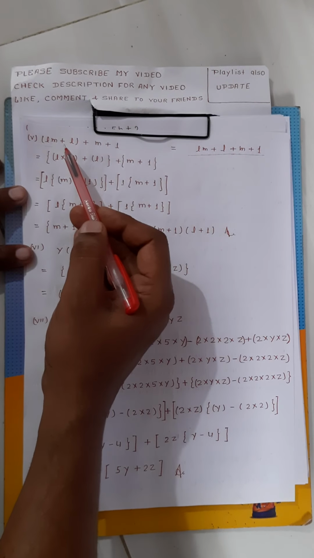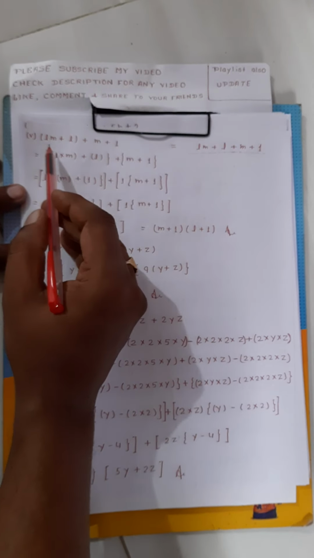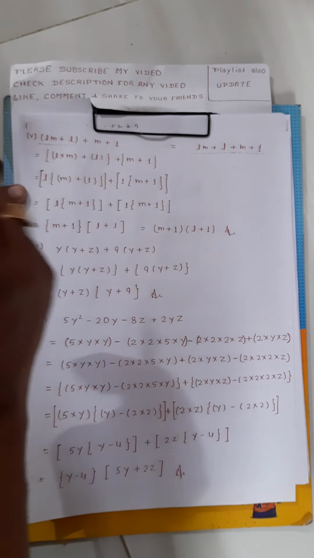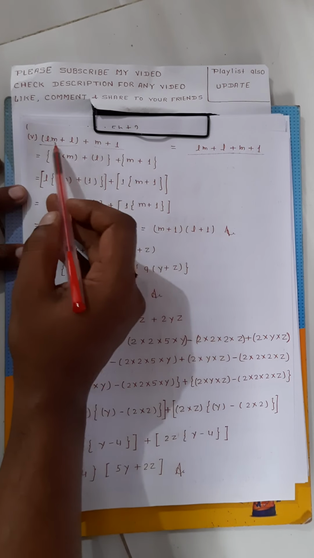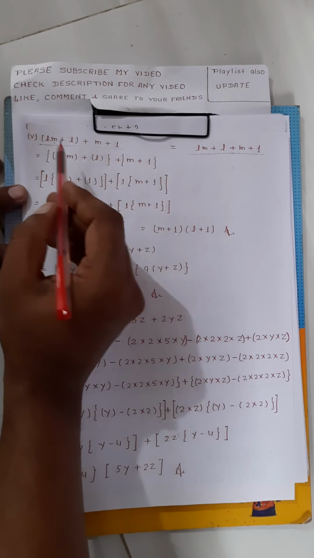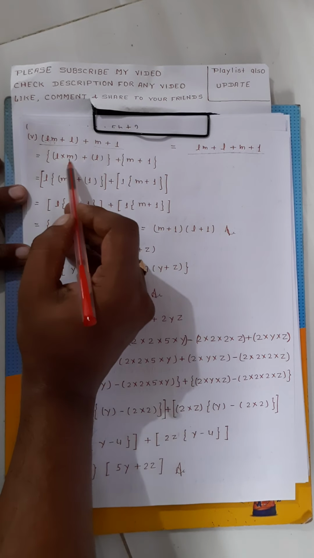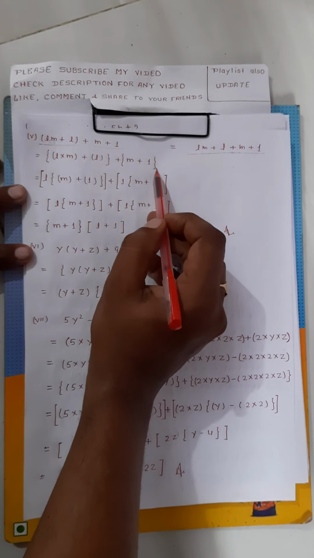Okay, so in the regrouping we check what our two groups are. Here he has done something, so we will directly take out l from here. So our value will be l into (m plus 1) as one group, and m plus 1 will become one group.